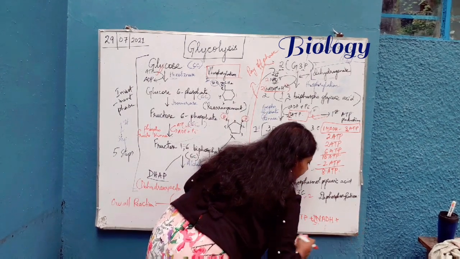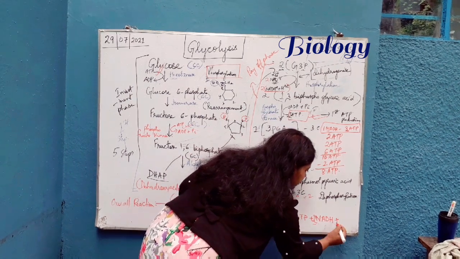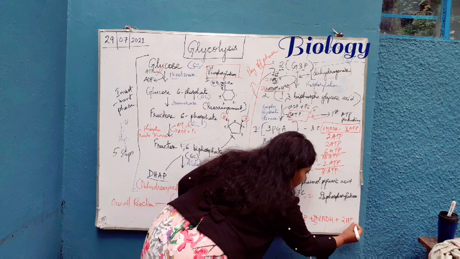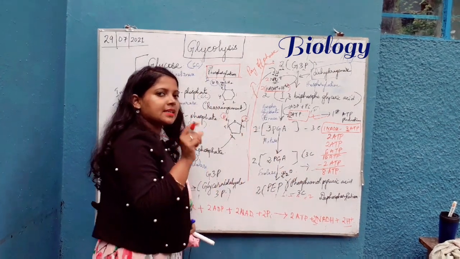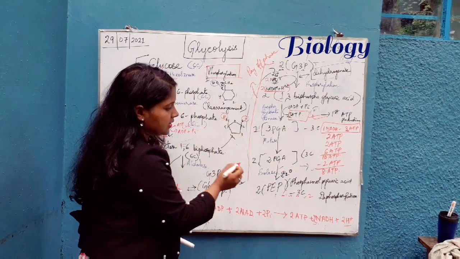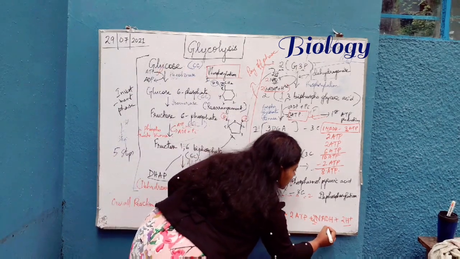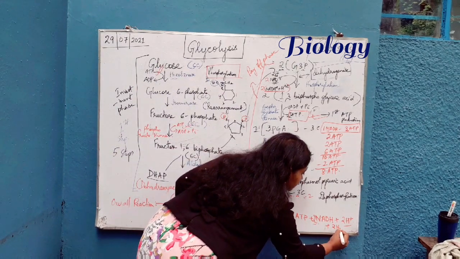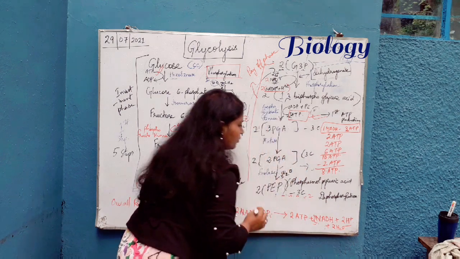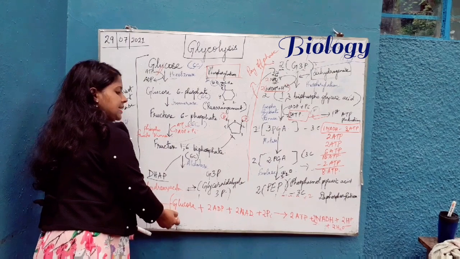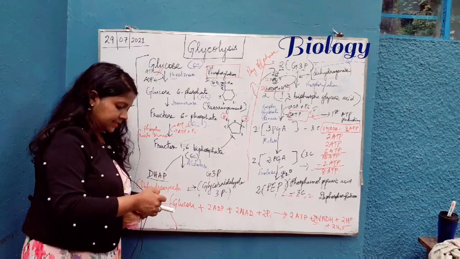So 2 NADH, then what else is left behind, that is H plus, hydrogen ions. So 2 hydrogen ions have been produced, and water which has been removed from here is released. So water also has been formed, 2 molecules of water. So this is the overall reaction which takes place in glycolysis.